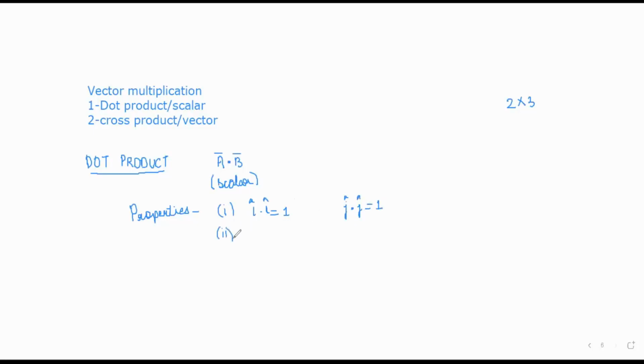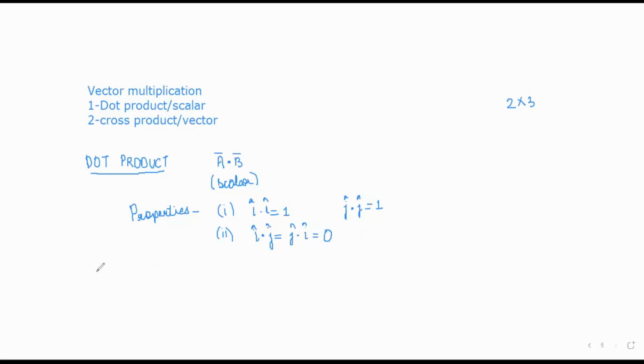The second property says that when two different unit vectors are dotted, that is i dot j or j dot i, it will give us 0. So these are the two properties that will help us lead to the result of the dot product.